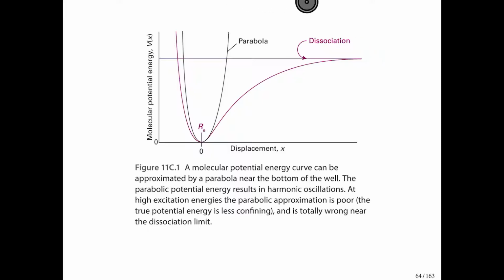There'll always be a restoring force that brings it back. So certainly the harmonic oscillator model is realistic near the minimum of the potential, where the displacements from equilibrium are small. But if you stretch the molecule too far, clearly the harmonic oscillator model is going to break down.